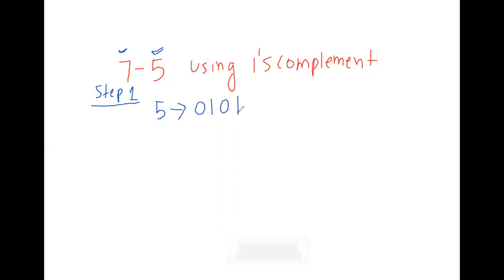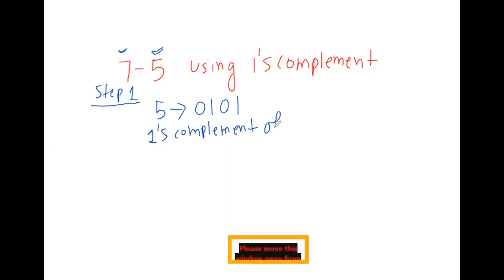So in step 1, I'll take the ones complement of the second number, that is 5. The ones complement of 5 will be equal to 1010, understood?